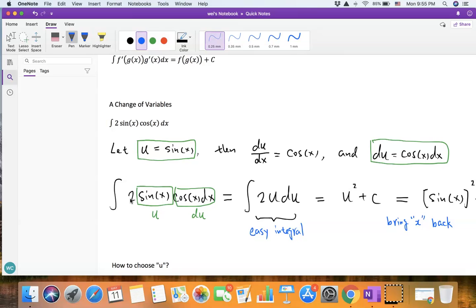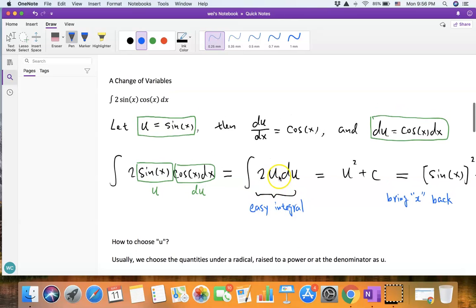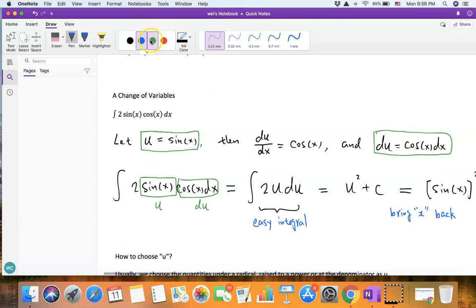After I do this, I can rewrite the original integral in terms of an easy integral, 2u du. Why is this an easy integral? Because we can solve this integral by just using the power rule. So this equals 2 times the integral of u du.